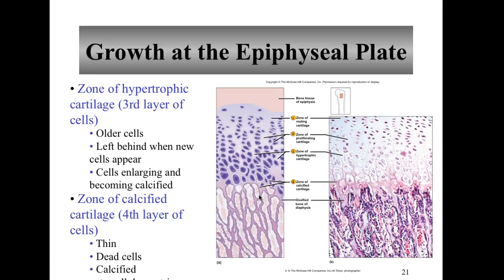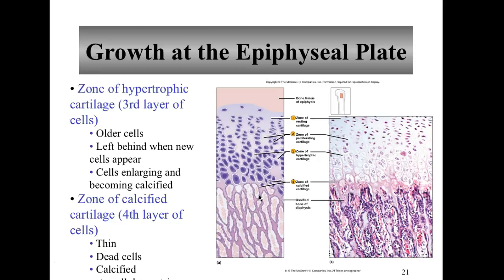So the matrix is then invaded by these bone building cells called osteoblasts. And those bone building cells are going to lay down bone tissue on the calcified cartilage. And basically what happens as a result is the diaphyseal border of the plate is firmly cemented to the bone of the diaphysis. So when we looked at bone structure, these are some of the things.